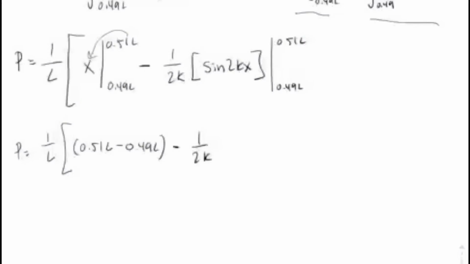So now we can go ahead and substitute our domains into the x. So we'll have P equals 1 over L times 0.51 L minus 0.49 L, minus our 1 over 2k.